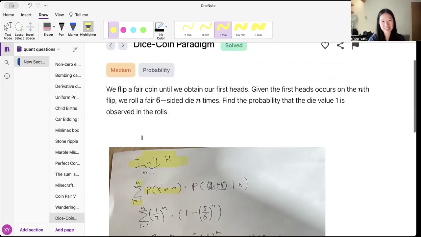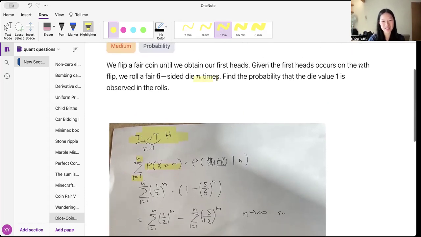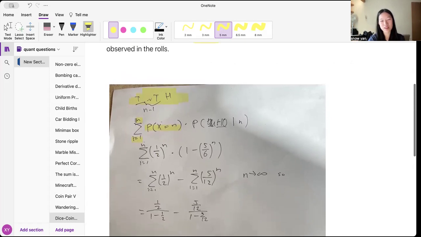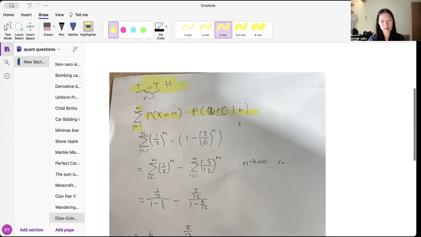Technically, I did not read the question carefully, because n stands for a number of flips, but here my n goes up to infinity, based on the number of turns I can have. Once I can find this probability, I can define an event, having a one given n, true or not.